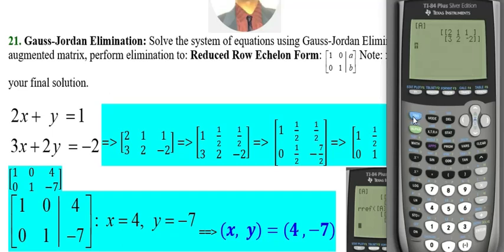Then do second matrix, math, go all the way down, ref, second matrix, call A, close it, hit enter, and the solution is 1, 1 in the diagonal, 0 above the diagonal, 0 below the diagonal, augmented with 4, minus 7. That is X equals 4, Y equals minus 7.